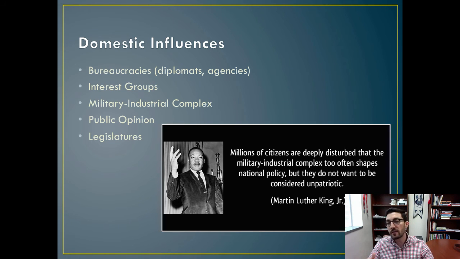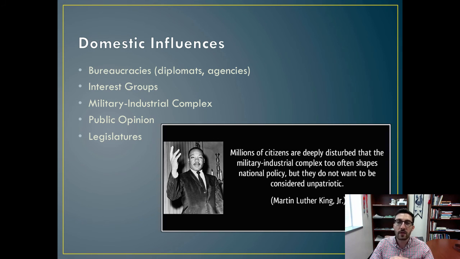So these kinds of private agencies are just one part of the military-industrial complex. But if you think about representatives who represent districts that have a military base or lots of veterans, they can certainly care a great deal about the way in which foreign policy may affect our military forces.